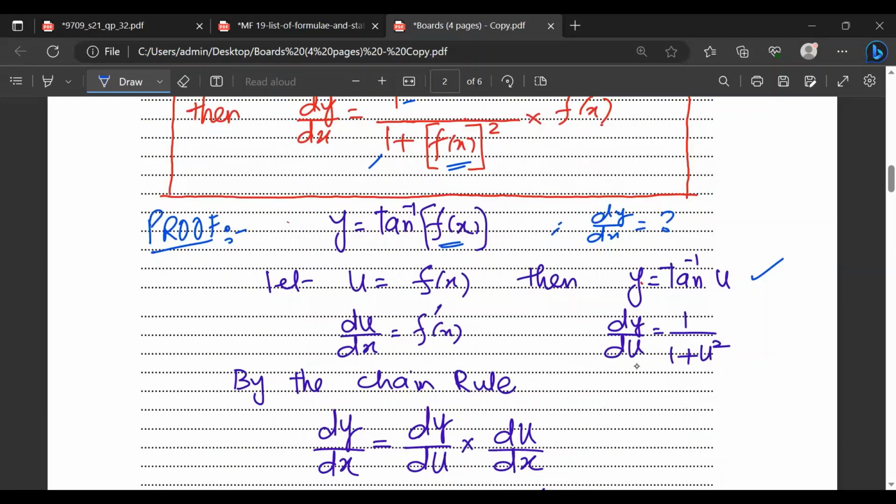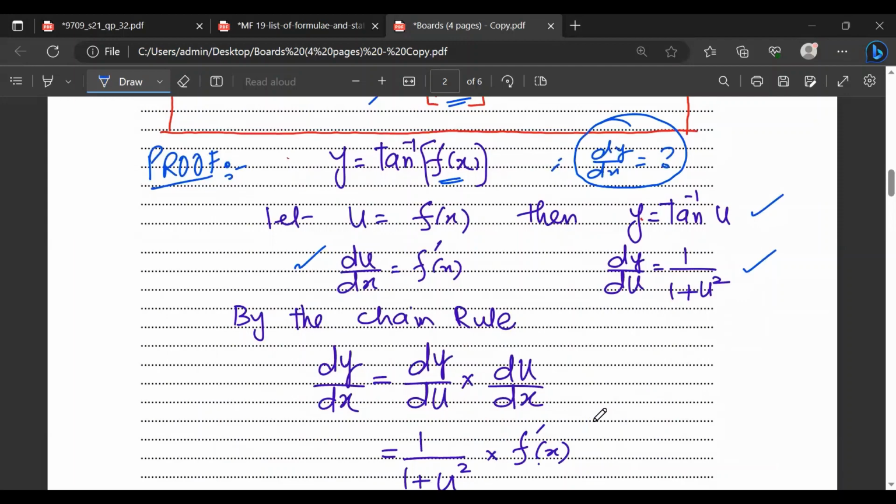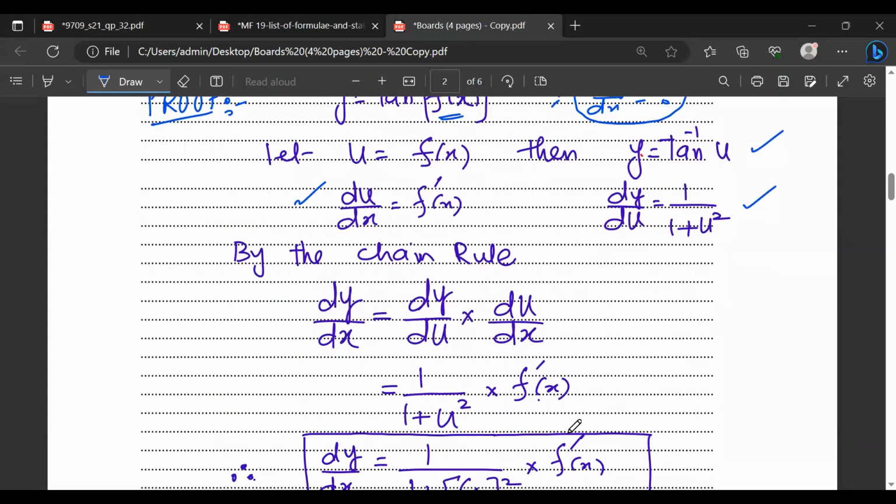So du by dx is there, dy by du is there. I'm looking for dy by dx. You can apply the chain rule, and here is the chain rule. dy by du multiplied by du by dx is dy by dx. So dy by dx is here, which is 1 over 1 plus u square. du by dx is here, which is f dash of x.